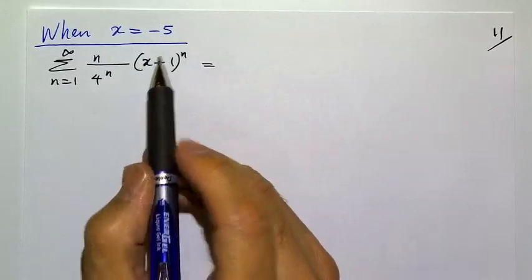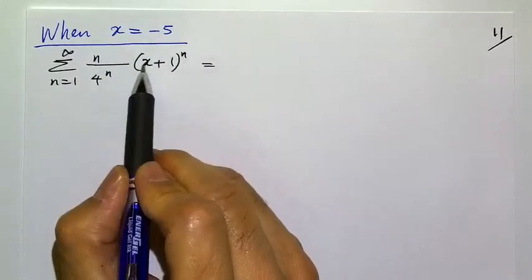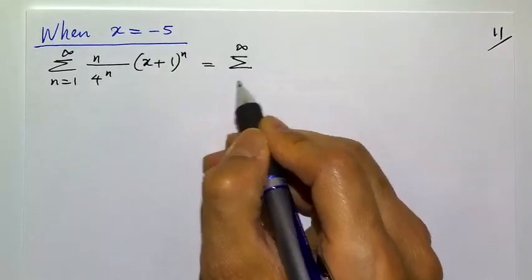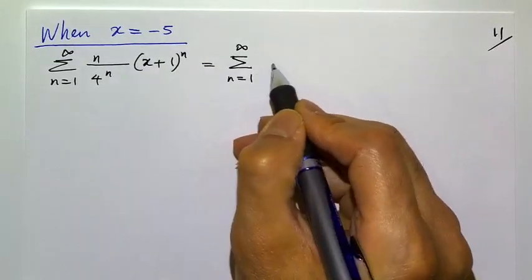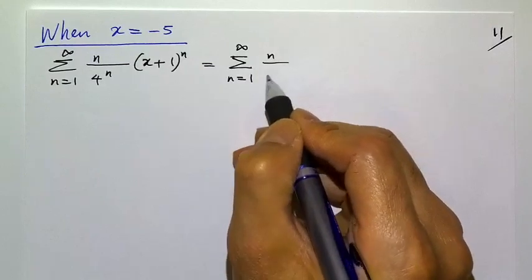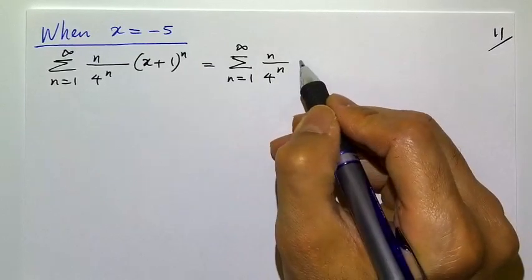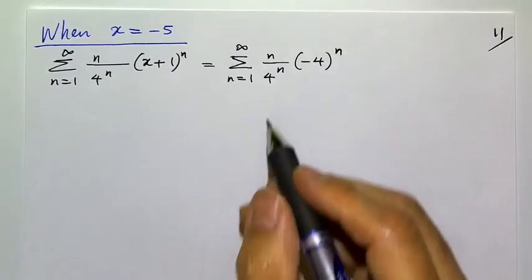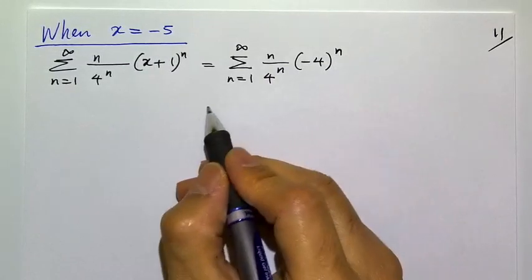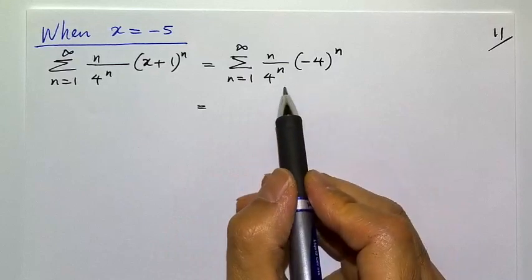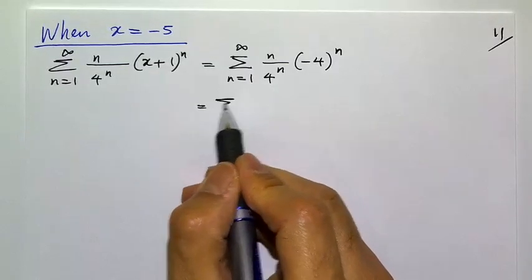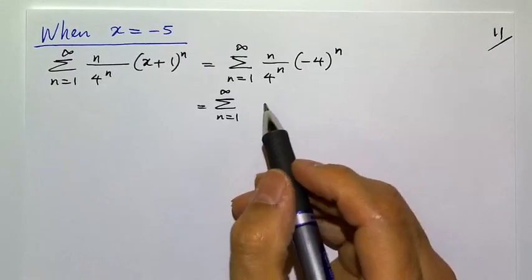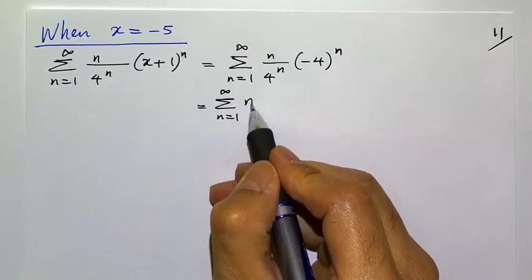When we take x to be negative 5, it'll be equal to this. And then we'll have n here.